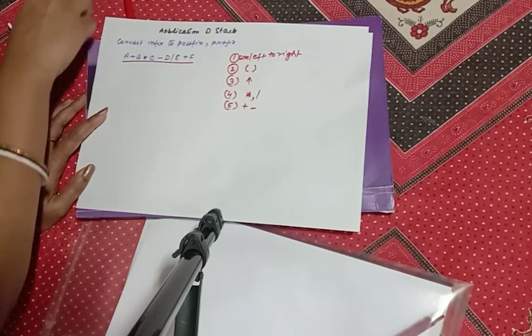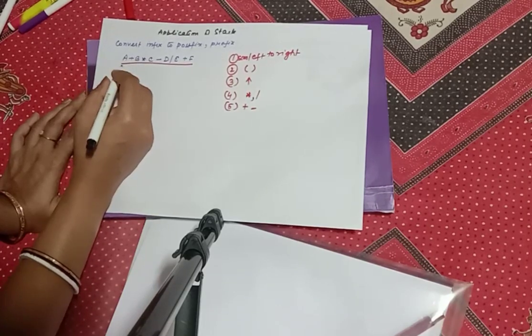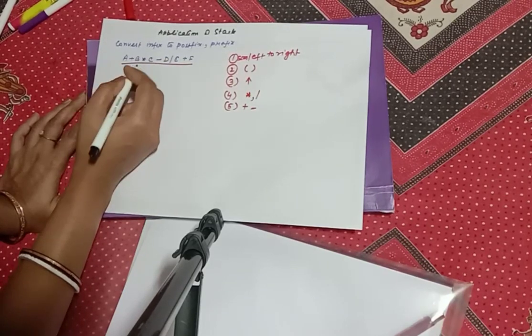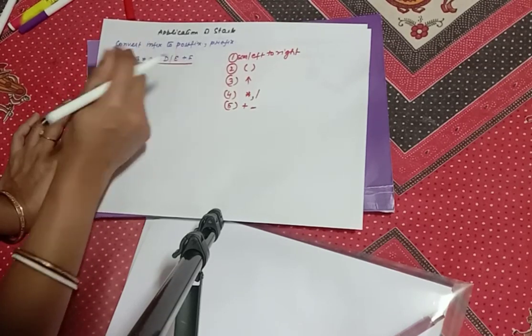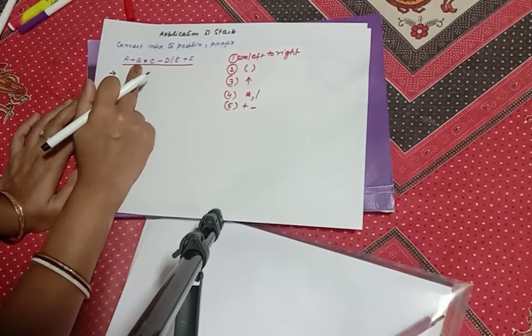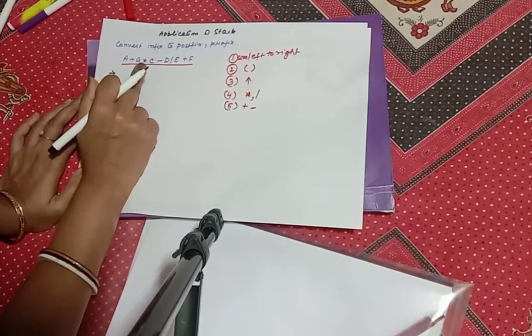Now let us solve this example. Here we can see there is no bracket given, so we scan from left to right. When we start scanning from left to right, we see the first thing is A plus B into C. So multiplication has a higher precedence over plus.